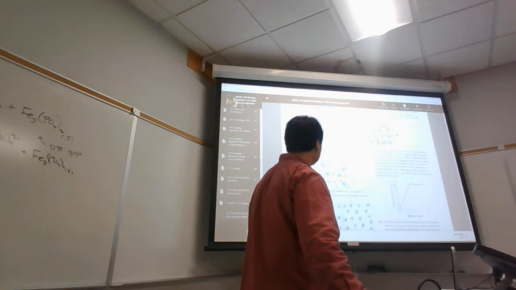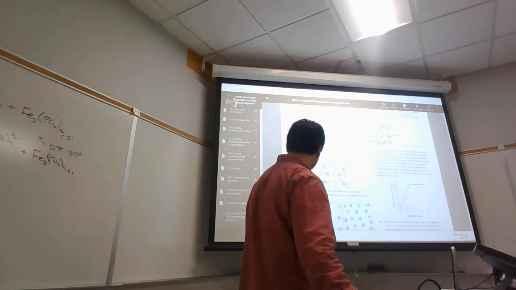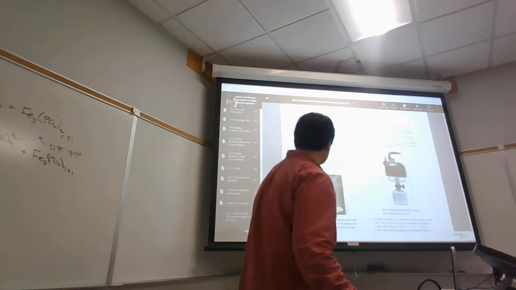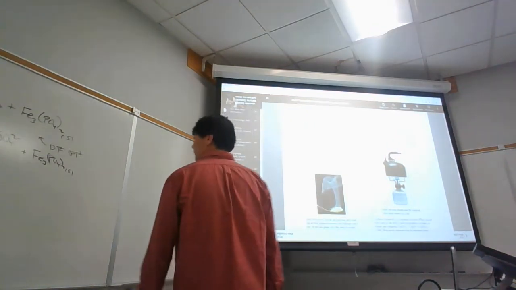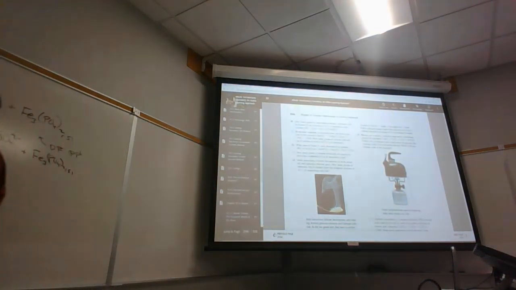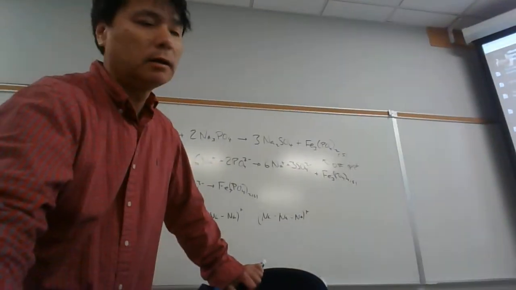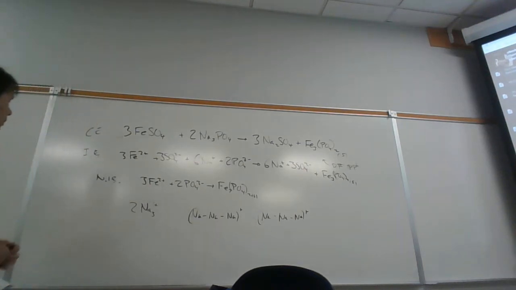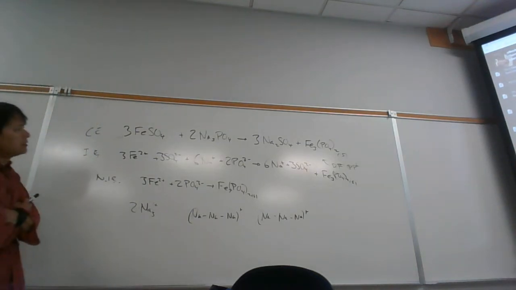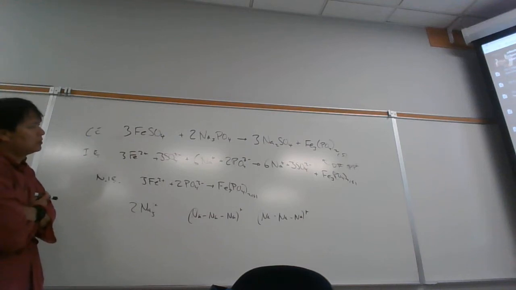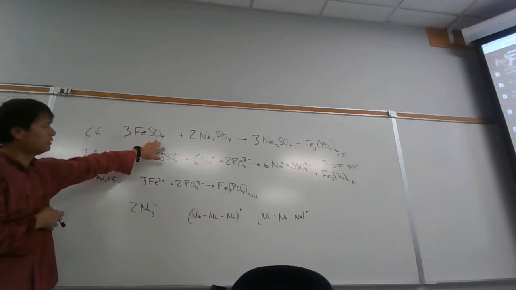Slightly different problem. Let me just think up the problem here first. All right, so normally when we do these reactions, there are two ways that a chemical reaction is done.